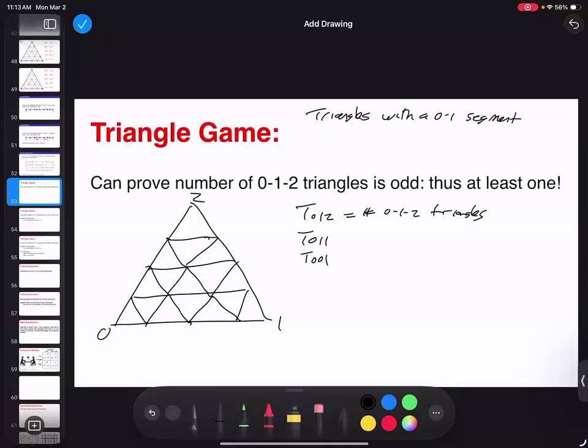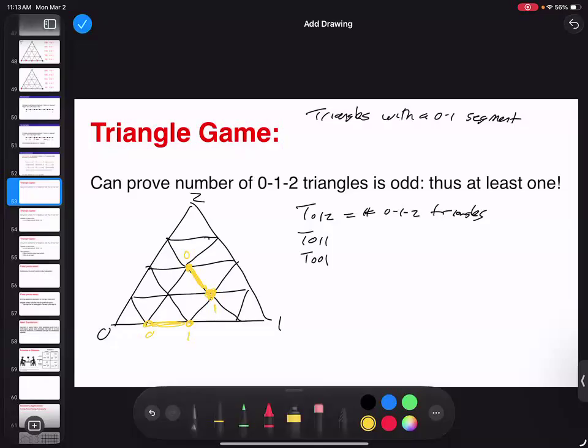If I have a segment inside, let's say this is a 0, 1 segment, how many triangles is that 0, 1 segment in? 2. If I have a 0, 1 segment on the bottom, how many triangles is that in? 1.